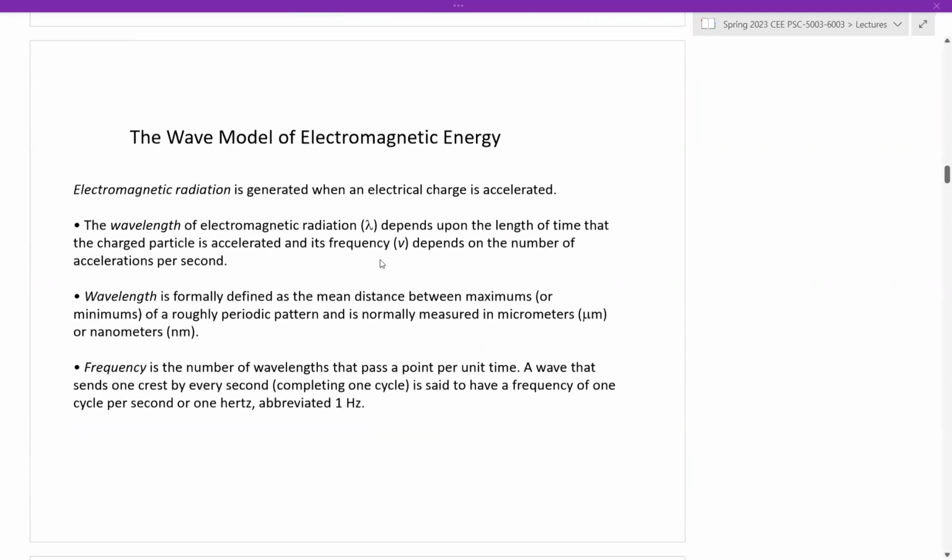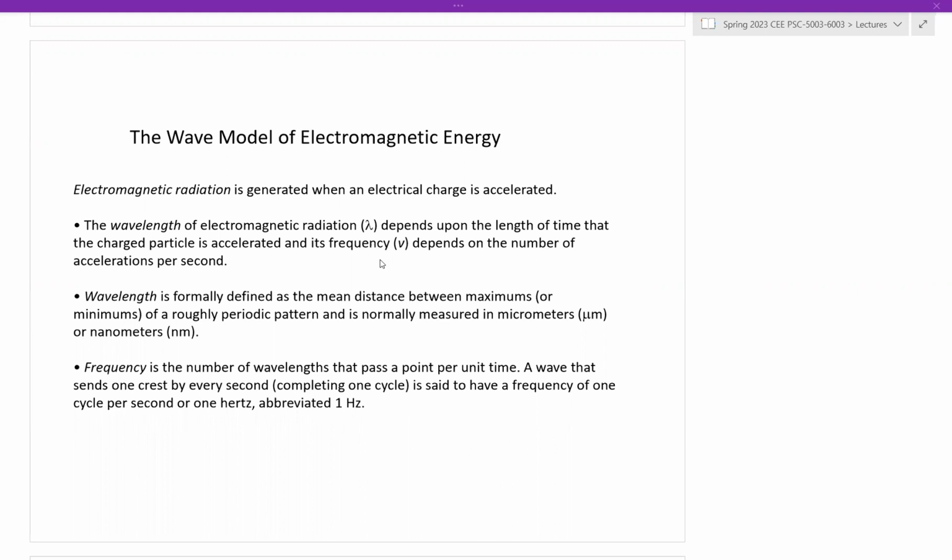So the wavelength is a magnitude of this vibration, and the higher the vibration, that means the smaller the wavelength, the photon carries a larger amount of energy. The slower the vibration, that photon is carrying less energy.